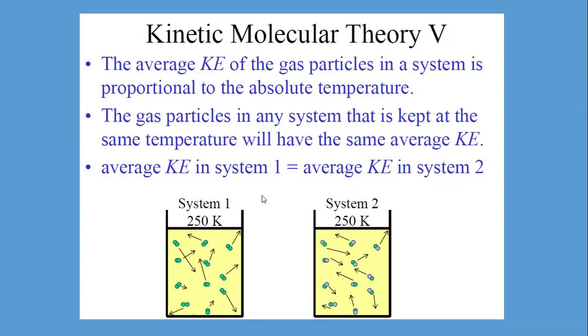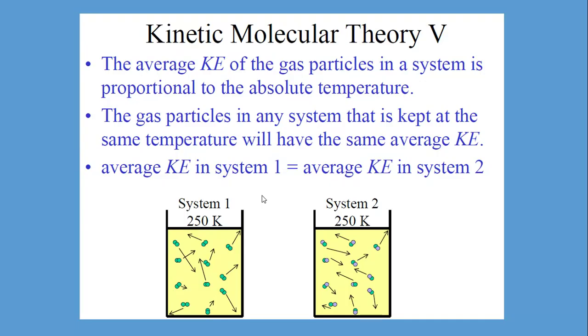So if you look at this system here, we've got 250 Kelvin and 250 Kelvin, even though the systems are different: we've got a diatomic in system 1, and a molecule in system 2 that has 2 different atoms in it. It looks like there's the same number, 1, 2, 3, 4, 5, 6, 7, 8, 9, 10.